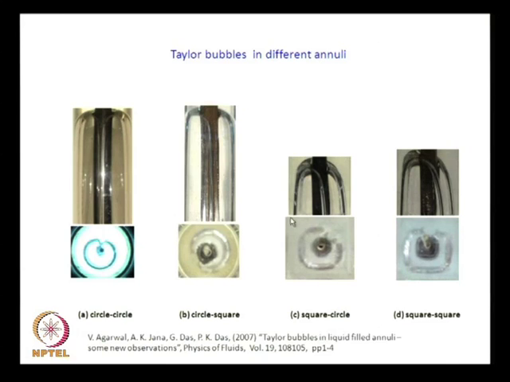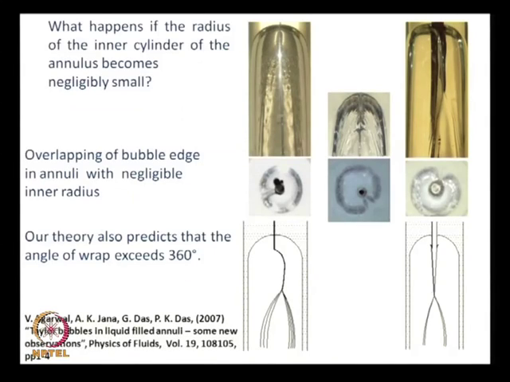When the outer rod is square, then definitely it has a squarish sort of shape, but when the outer rod is a circle, it has a circular cross section. After studying this, the next thing we wanted to study was that, well, for a circular rod the bubble was nicely symmetric. For an annulus it was distinctly asymmetric. The annular ring opened up and there was a liquid bridge.